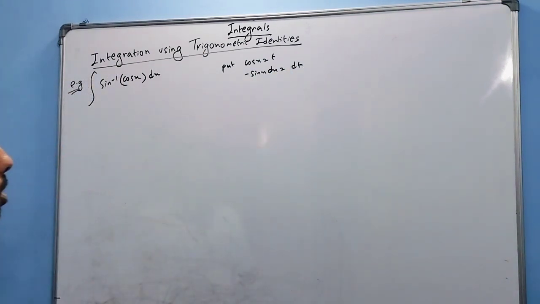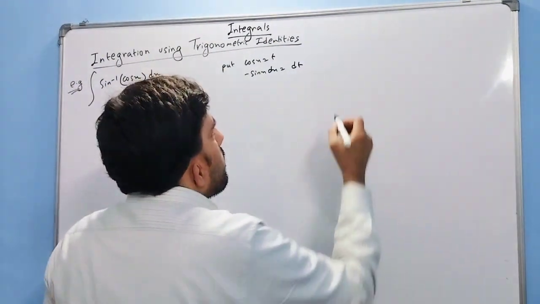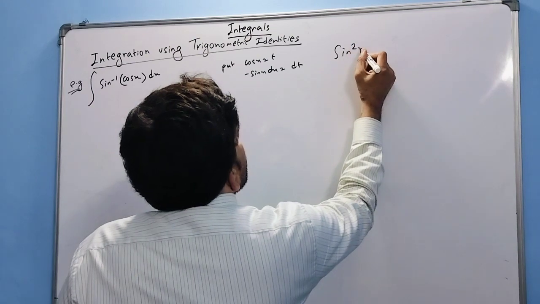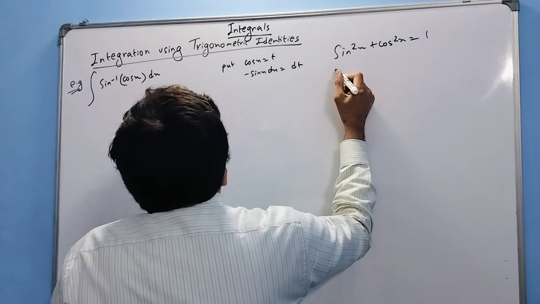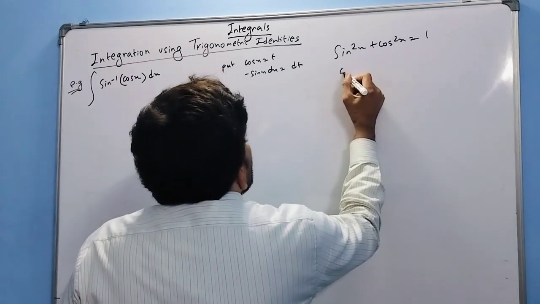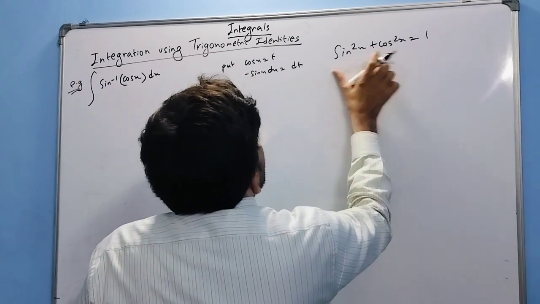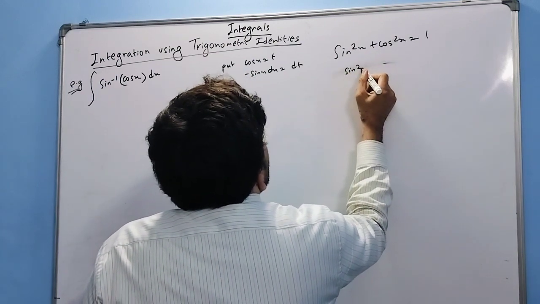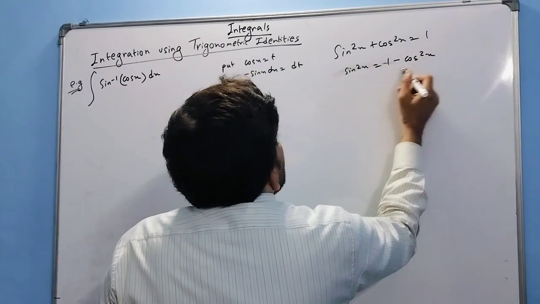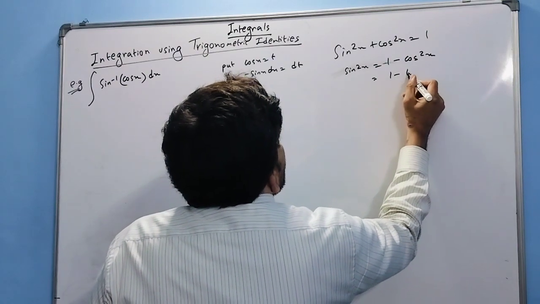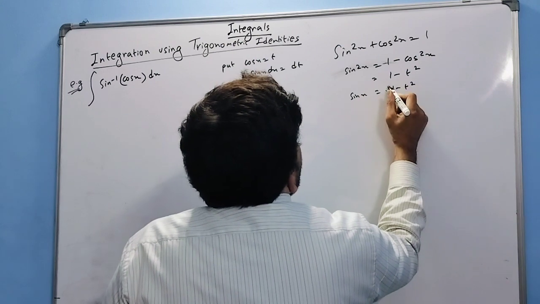But as we know the identity, sin square x plus cos square x is equal to 1, so sin square x is equal to 1 minus cos square x. Cos x we have taken t, so I can take 1 minus t square. So sin x will be square root of 1 minus t square.